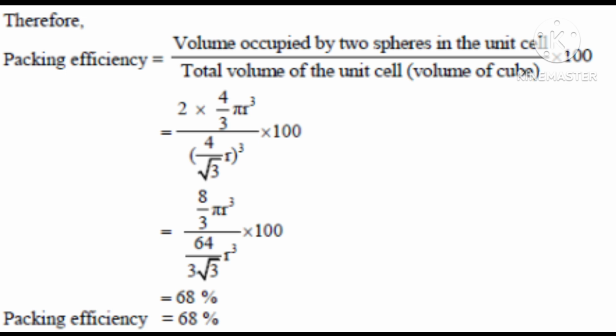To get the value of the base diagonal, we are considering one more triangle, the one on the right hand side. Here in this triangle, a right angle triangle is there.